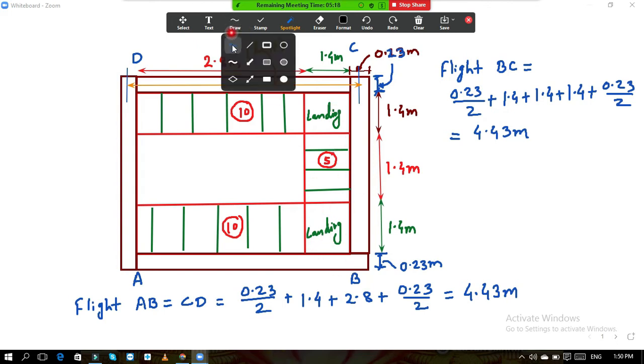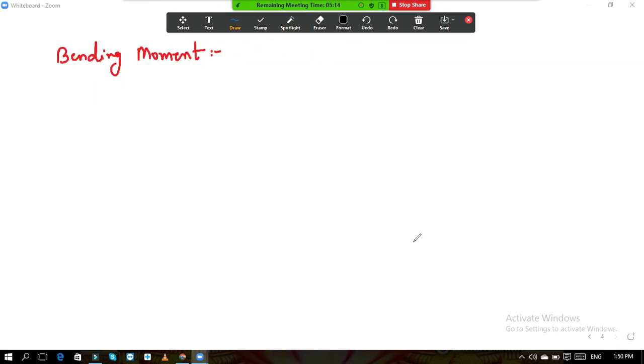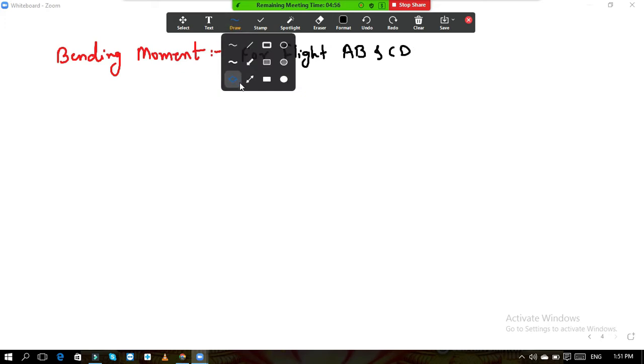First I will consider flight AB and flight CD. For that we need to draw the diagram.